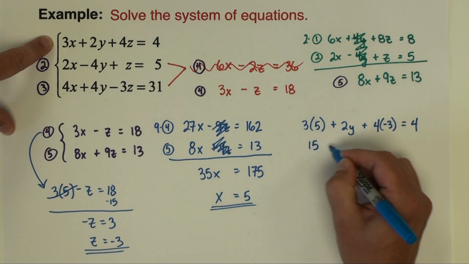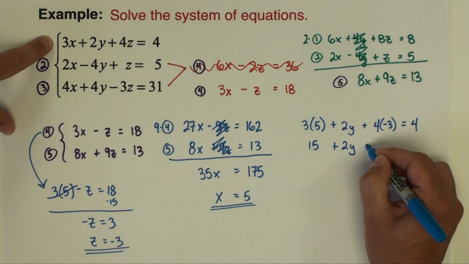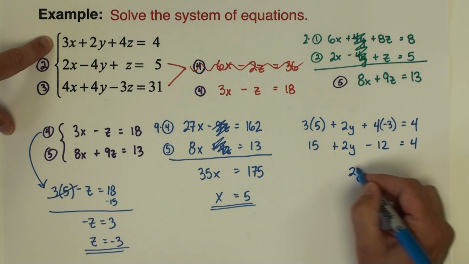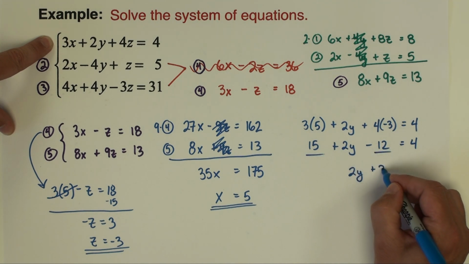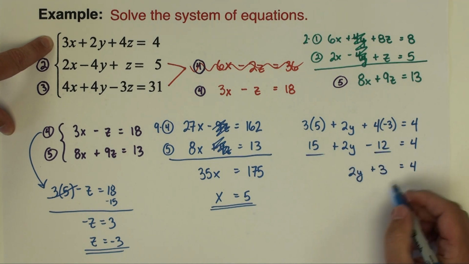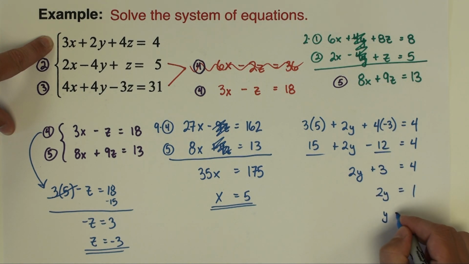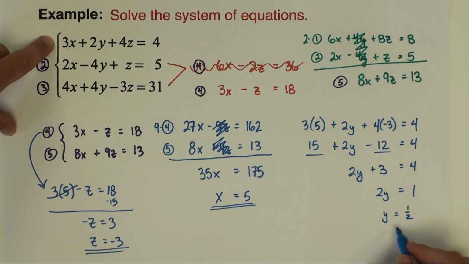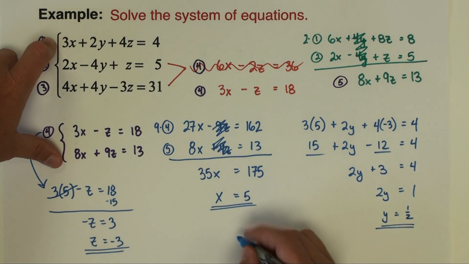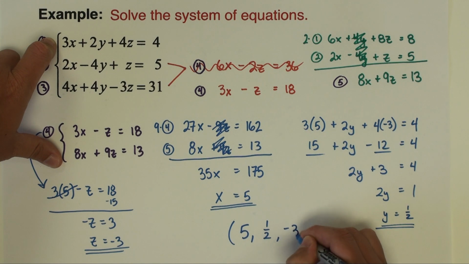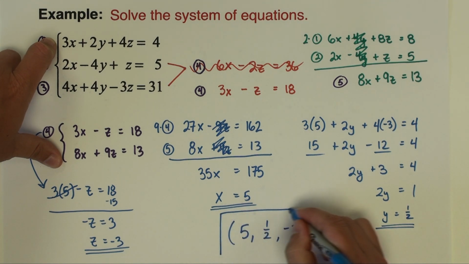So I've got 15 plus 2y minus 12 equals 4. So I've got 2y plus 3 equals 4. So I got 2y equals 1. So y equals 1/2. My solution is 5, 1/2, negative 3.